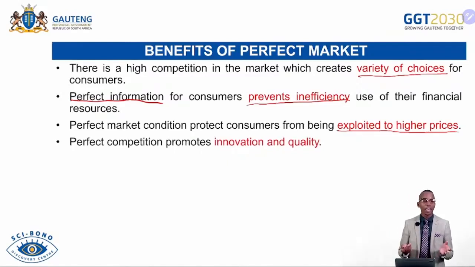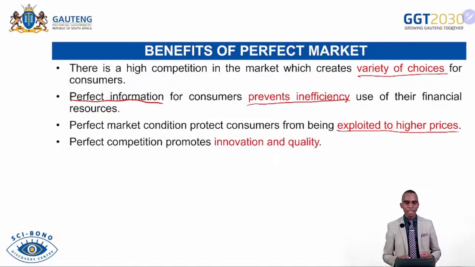Also, there cannot be what we call price discrimination, whereby the firm sells the same quantity of the same product to different consumers at different prices. That does not occur because consumers are well informed about all market conditions, even the selling price.